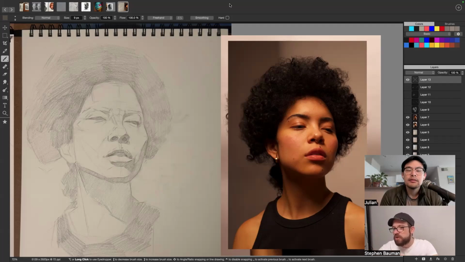It's not so many edges, it's two types. You have an edge that you can identify, like this edge, or even this, which I would say is a relatively hard edge. And then you have softer transitional edges.